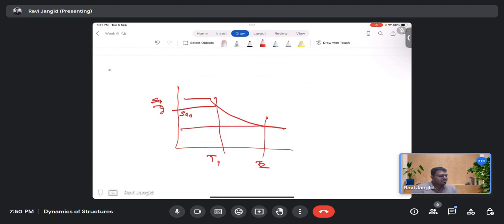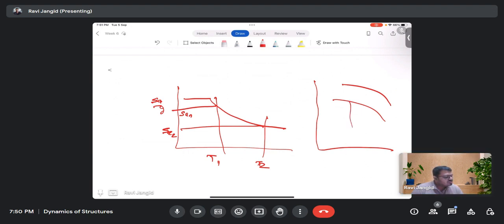But at the same time, if you make a displacement curve for the displacement response spectra, then for T1 to T2, your displacement is increasing. This will be, I think, this way. It should be something like that. So your displacement is increasing.